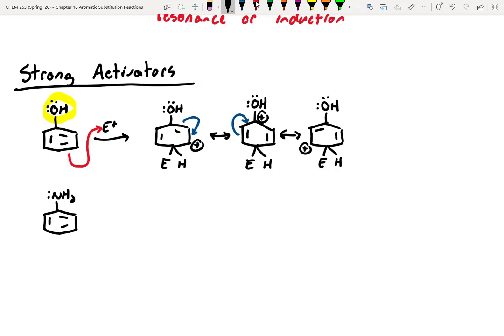However, there's actually one more resonance structure, and that resonance structure is due to the oxygen lone pair. So if we think about this, this oxygen lone pair can actually push down and delocalize all the way down into the ring system.